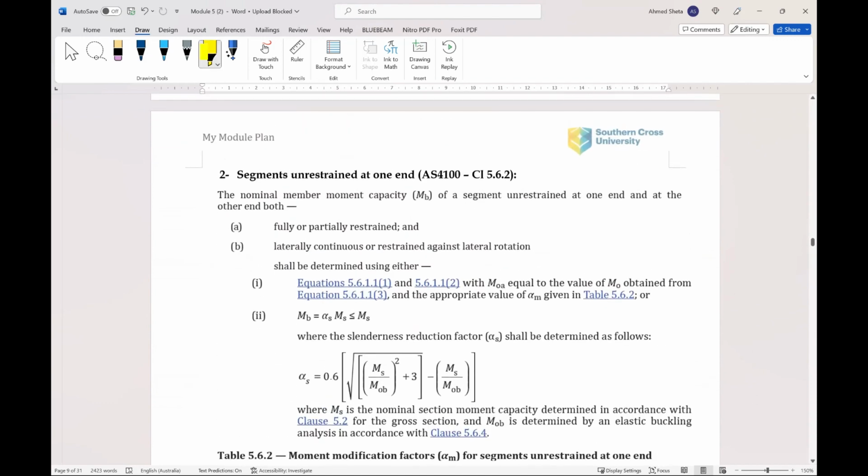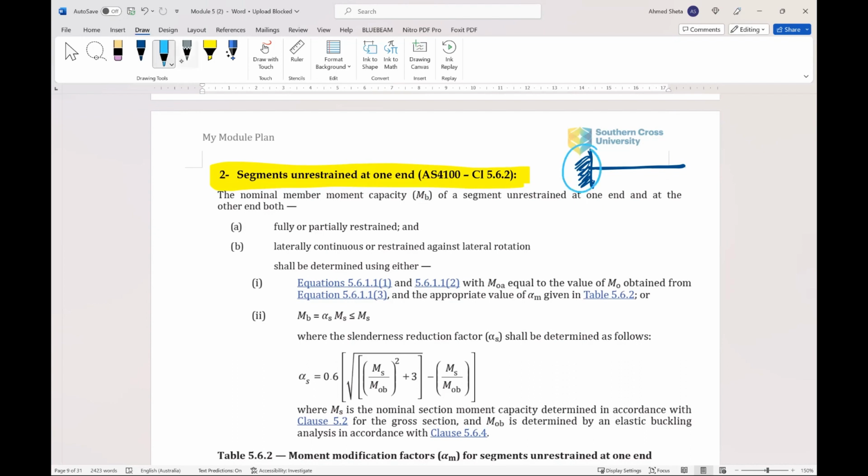Okay, this one is for a segment only restrained at one end, like a cantilever. As you know, for a cantilever, it is only restrained at one end.